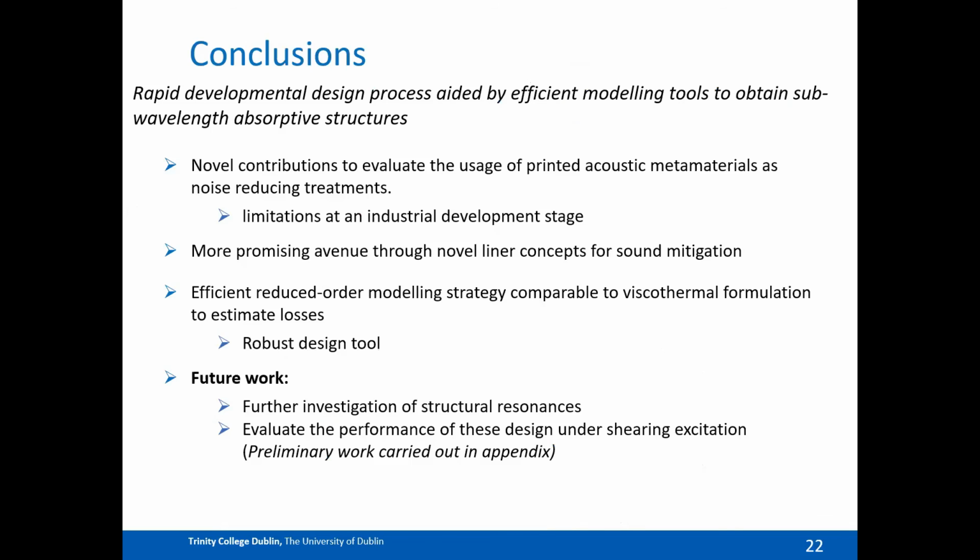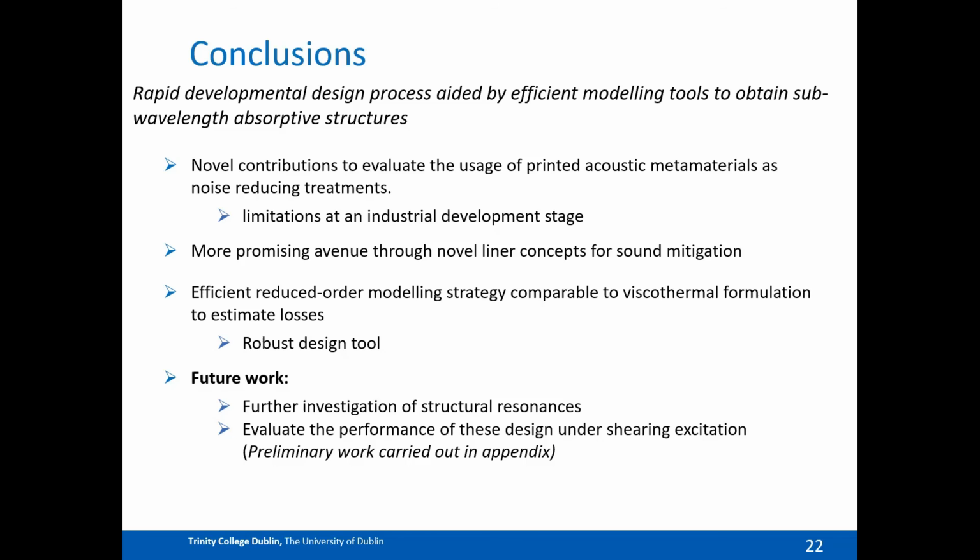There's an added uncertainty that arises from printing, which is not necessarily bad, but in predicting it, you have to be quite tolerant with what you get. Then there are those quite promising multi-layered plate concepts for noise reduction, just using resonators and basically acting in parallel, and through the use of reduced order modeling that is comparable to what you get from a viscothermal formulation, and is more efficient at the design stage.